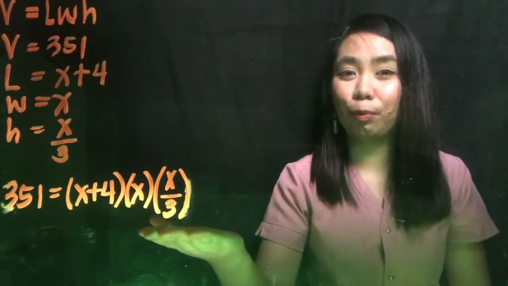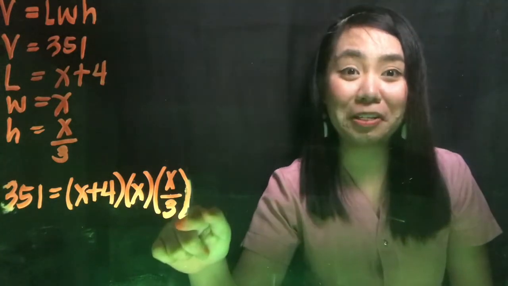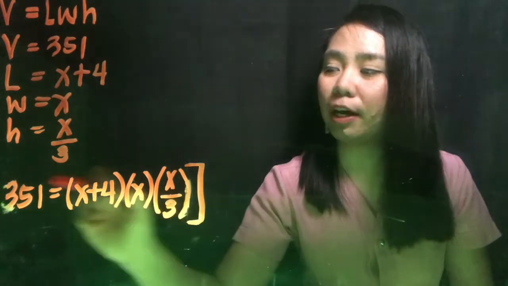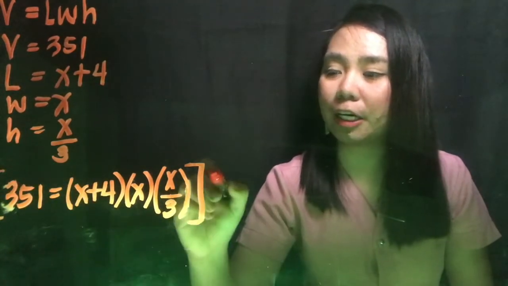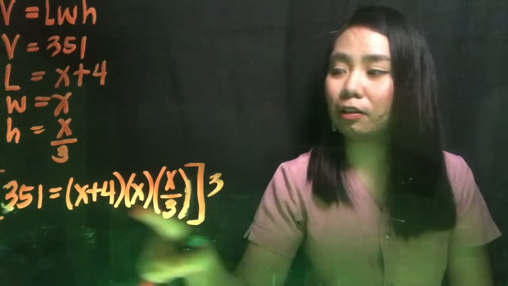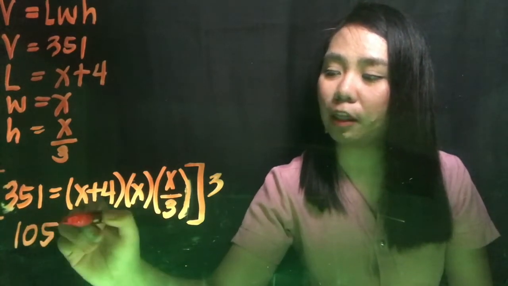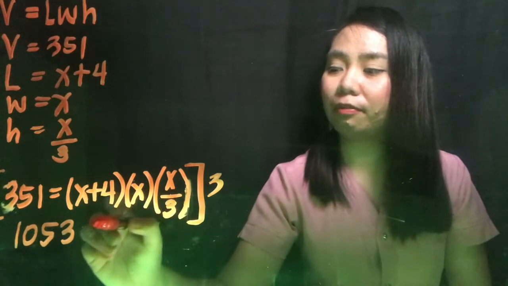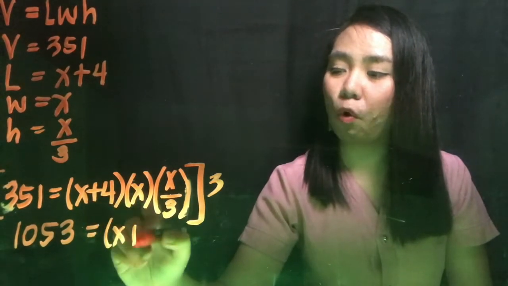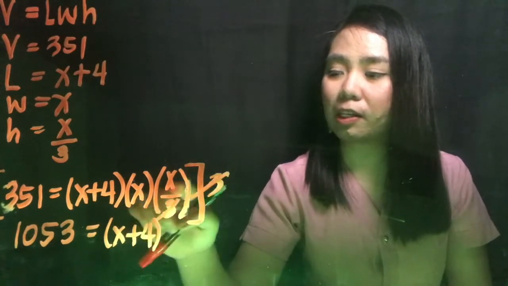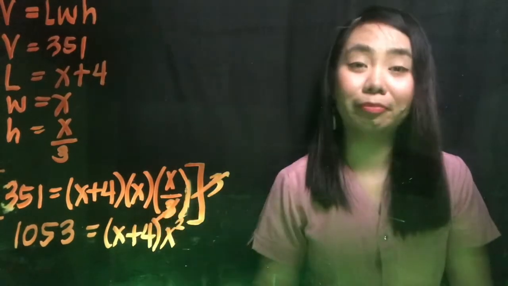Now we have our working equation, but there is a fraction. To remove that, we have to multiply the whole equation by 3. So 3 times 351 is 1053. And you have here x plus 4, and here you can now cancel this. So x times x is x squared.